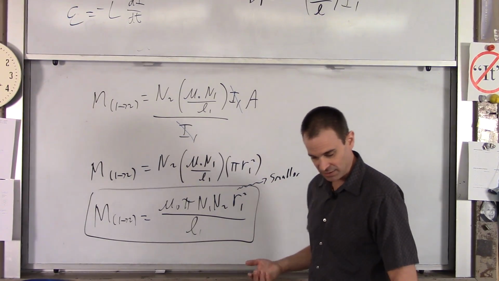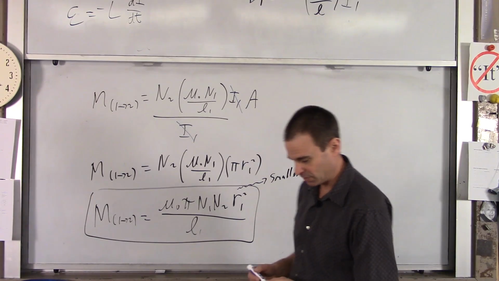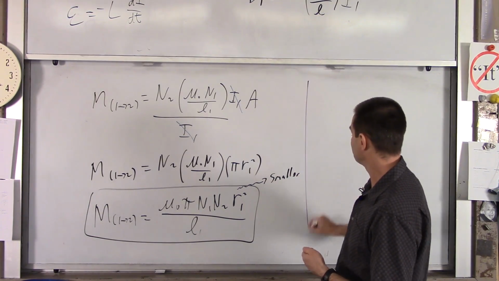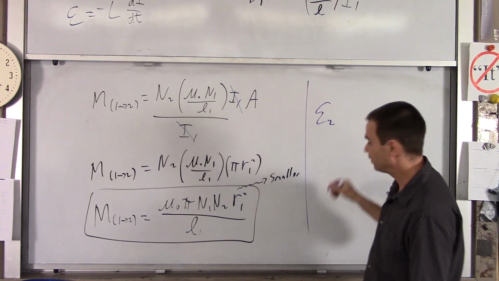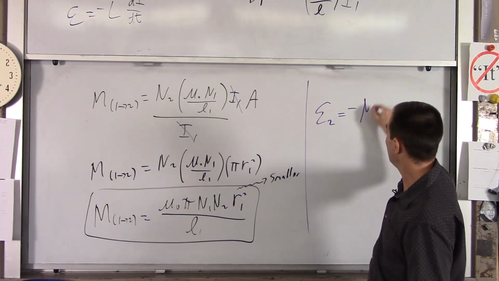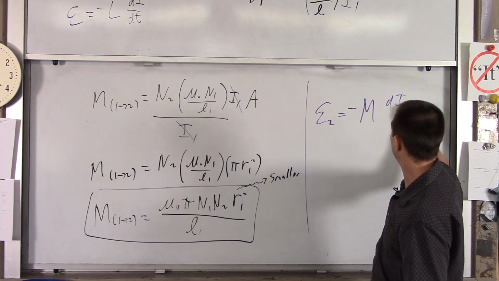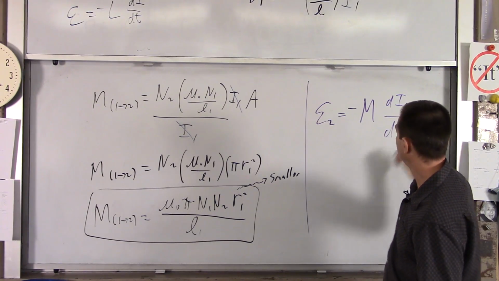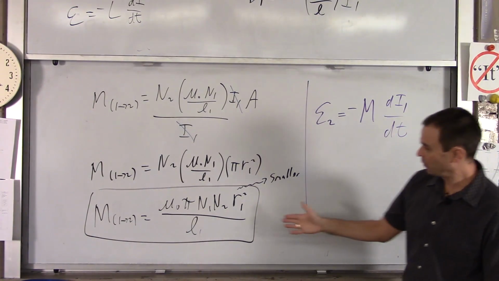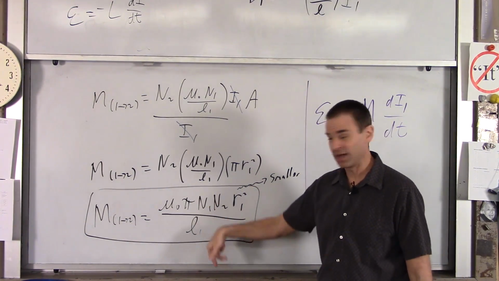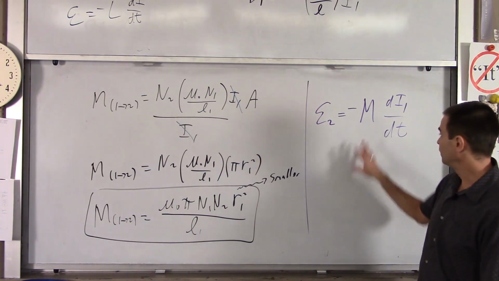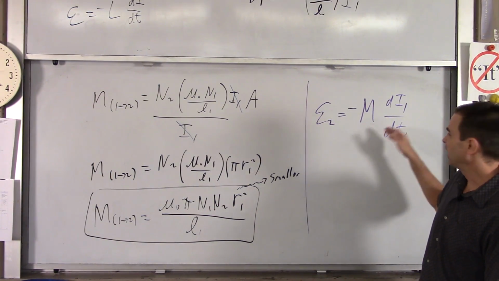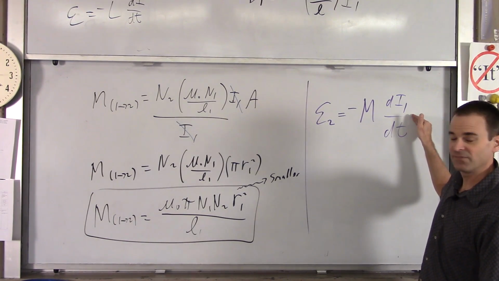Now, having said that, how would you find the EMF? You would say EMF in 2 is negative M di1 dt. Theoretically, you'd have all these values in the problem: N1, N2, R, L1, etc. They would need to give you the current as a function of time.